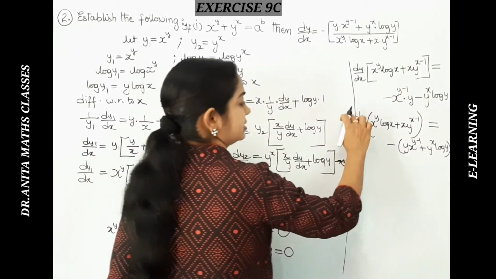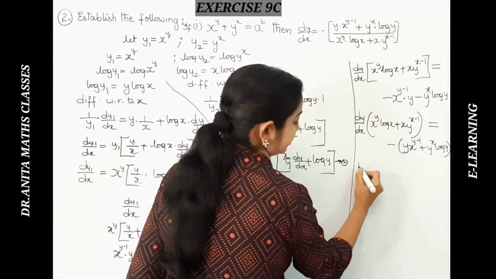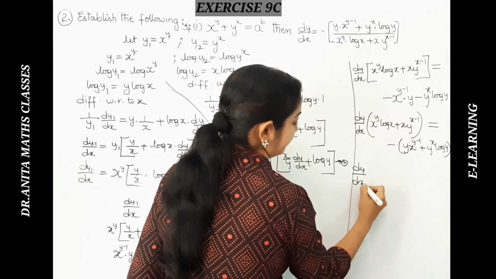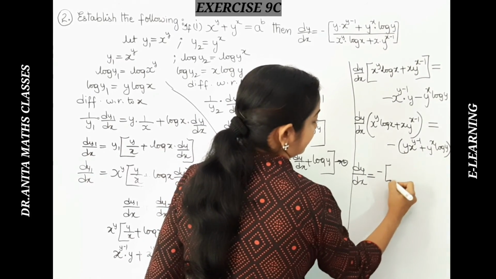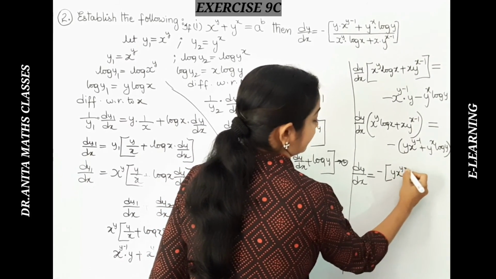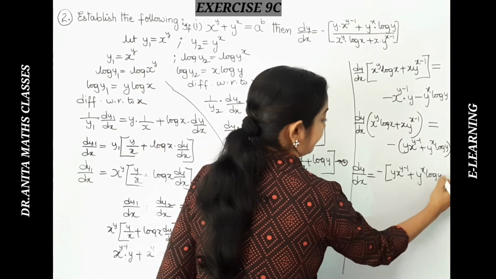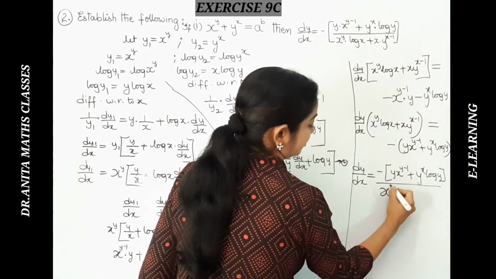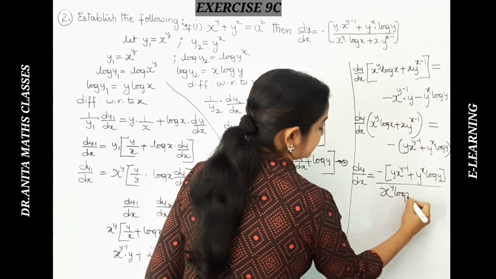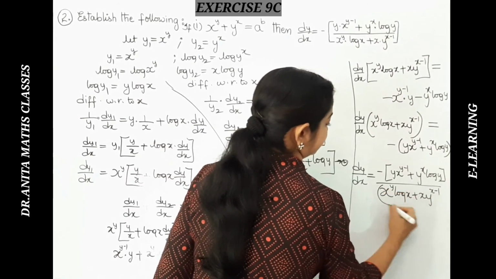Now here, this multiplied by this, if you shifted the other side, it becomes divided. So the final answer is dy by dx is equal to this minus y x raised to the power of y minus 1 plus y raised to the power of x log y divided by this part, x raised to the power of y log x plus x y raised to the power of x minus 1.